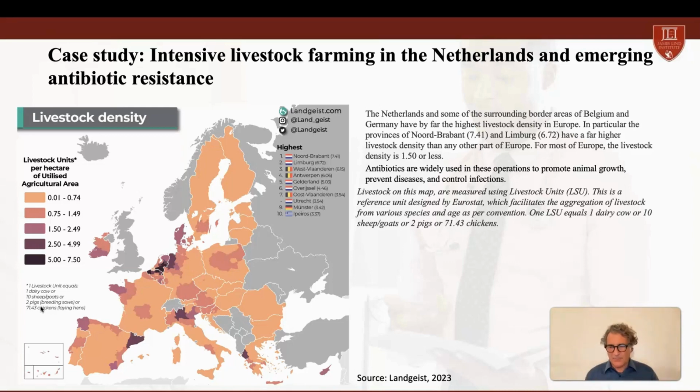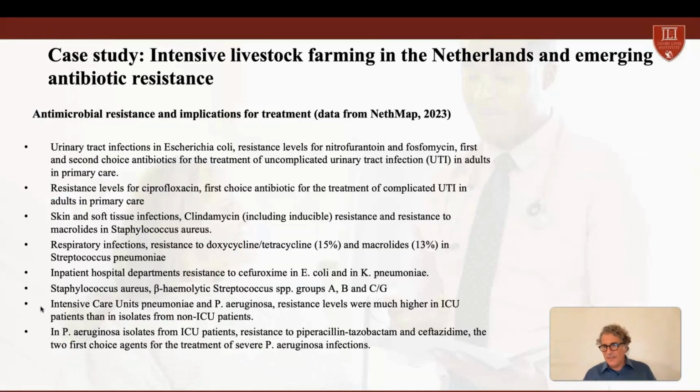So if you remember the first slide, there are two different ways this resistance can be developed. We will focus our attention, for example, on the Netherlands. I use this case study just to give an idea of how this country is the first producer in terms of animal farming.